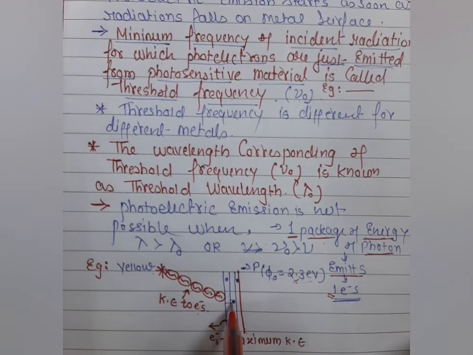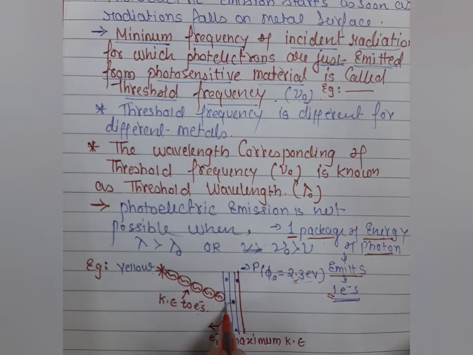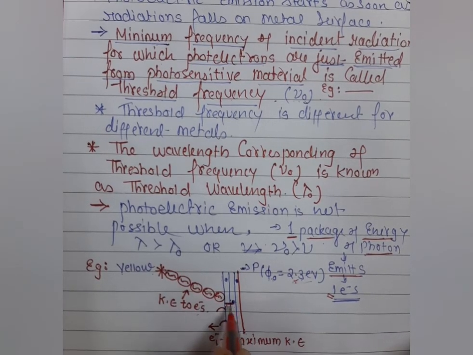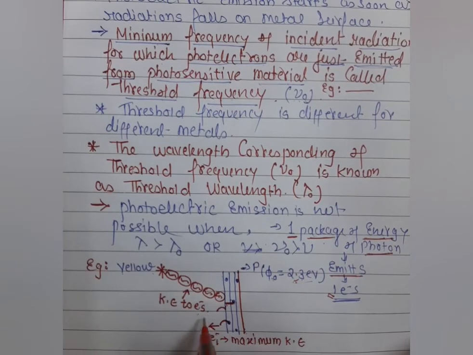When this electron is ejected from the metal surface, it has done some work and lost some energy. Then after that, these electrons jump outside the metal surface, and the photoelectric effect happens here too, and that is electron number 2.